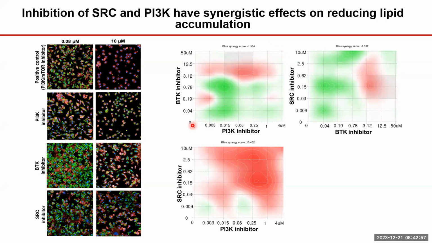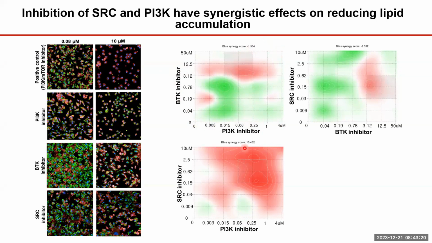And so if these two kinases are in fact synergistic, then as you move across the diagonal axis over here, you should see a greater inhibition than either of the inhibitors alone, right? And so we quantify the synergy using this Bliss synergy score.